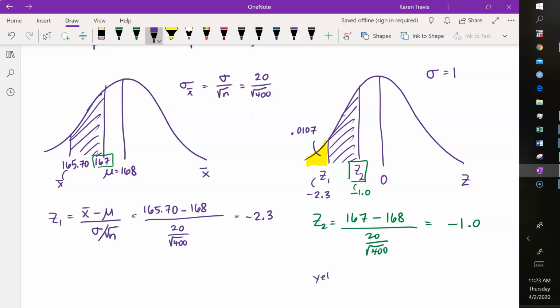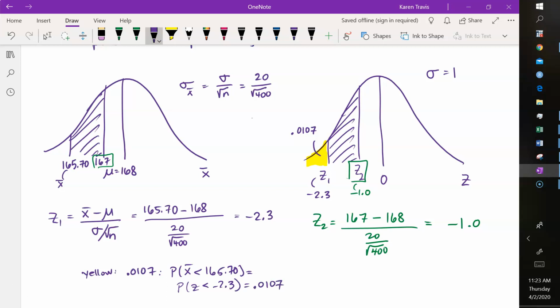So yellow, well, I'll write it over here because it goes with this z-score. Yellow is 0.0107, which, remember, means the chance that the sample mean was below 165.7. It also means the chance that Z is less than negative 2.3.